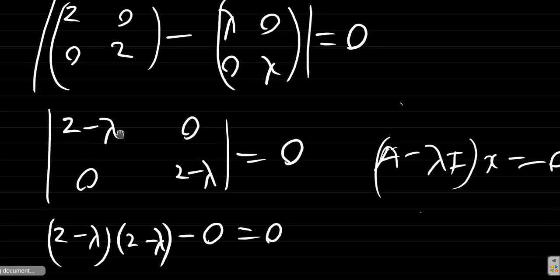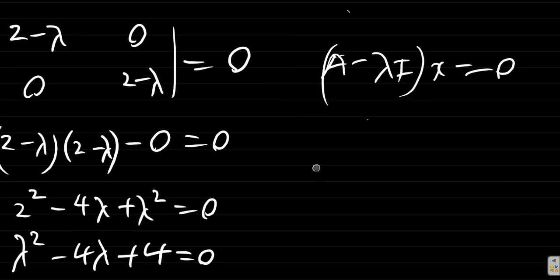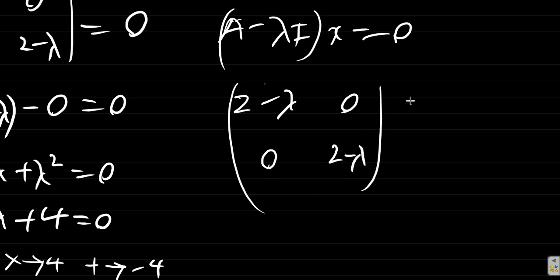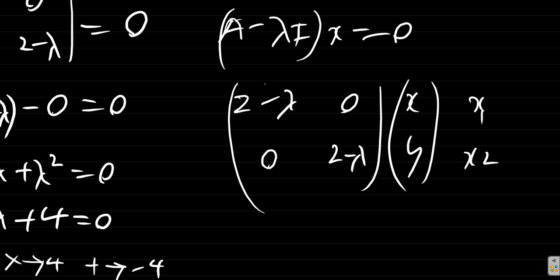And we worked it out to this. So 2 minus lambda 0, 0, 2 minus lambda times x, which is our vector, we call it x, y. You might use x1 and x2 if you want, alright? But I like using x, y and x, y, z. But that is equal to 0, 0. It's equivalent to 0.